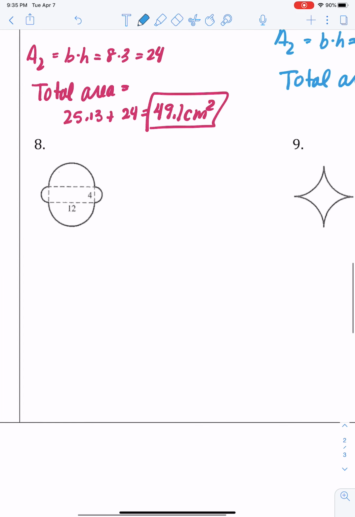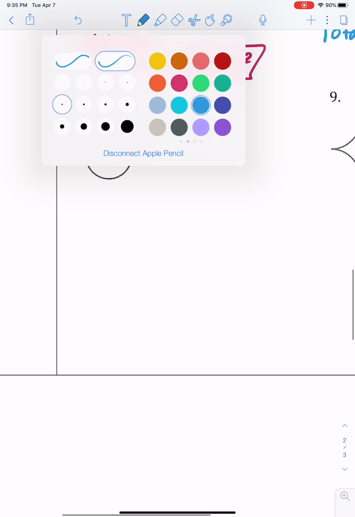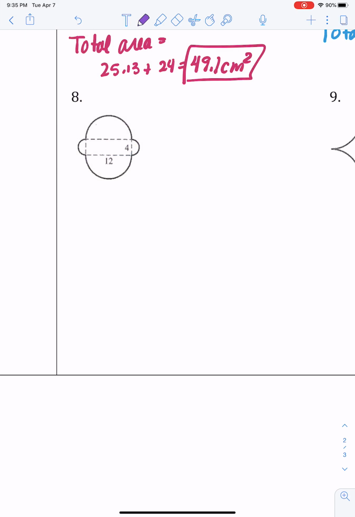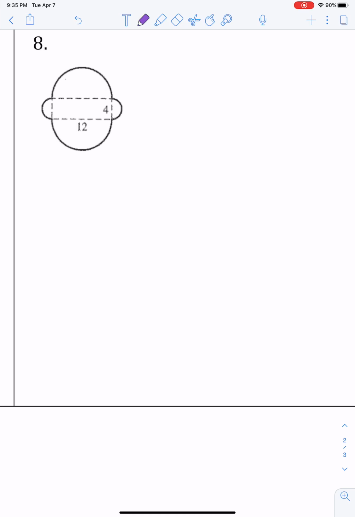All right. Let's look at number 8. Now I want you to notice that there are actually 2 circles and a rectangle there. So this and this make up 1 circle, and this one and this one make up 1 circle.